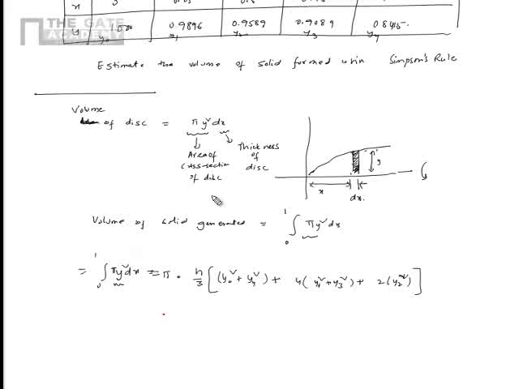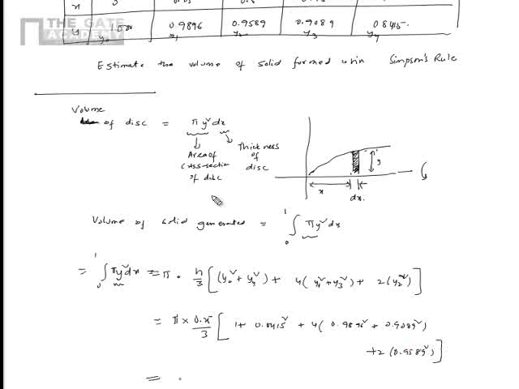Okay, so now it just boils down to substitution. So this is pi, h is basically 0.25, equal interval, by 3, and then you have to just substitute. y0 is 1, so 1 square will be 1. Y4 is 0.8415 square, plus 4 times 0.9896 square plus 0.9089 square, plus 2 times 0.9589 square.